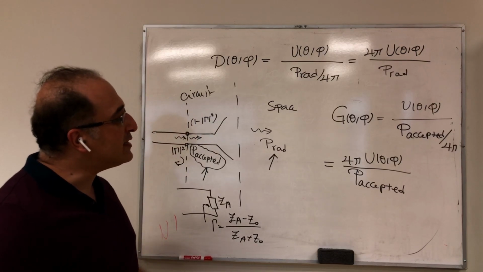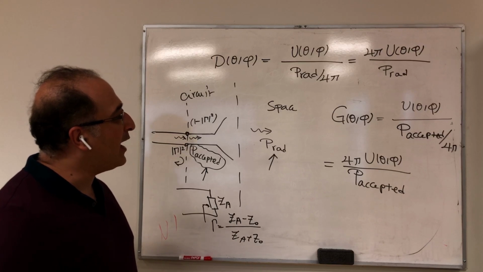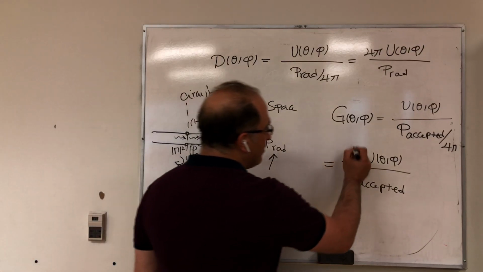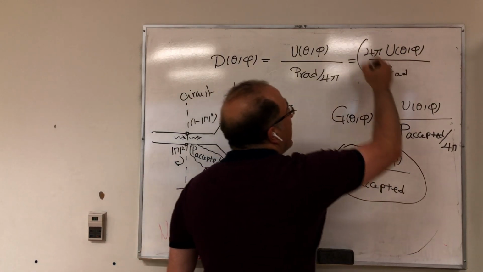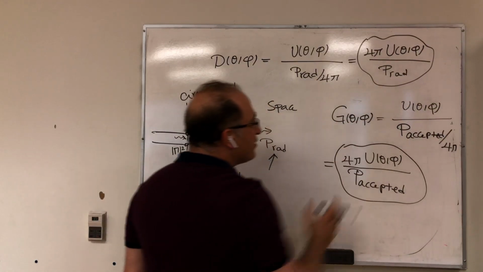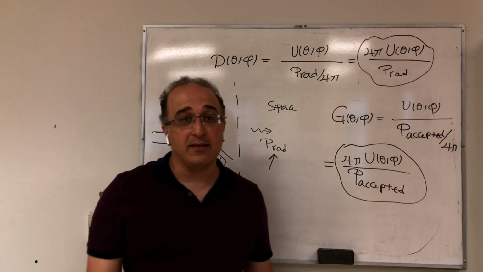So this is really the distinction between the gain and directivity. If you compare this with that, the main difference is that this is total power radiated, and this is the accepted power by the antenna.